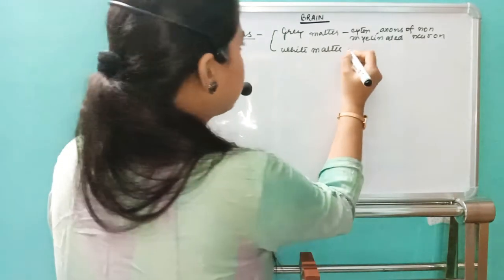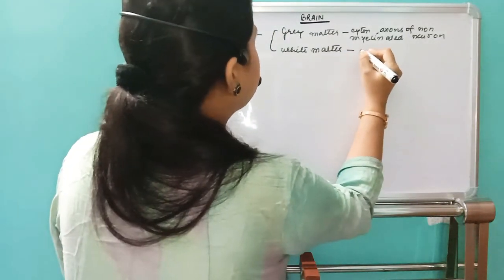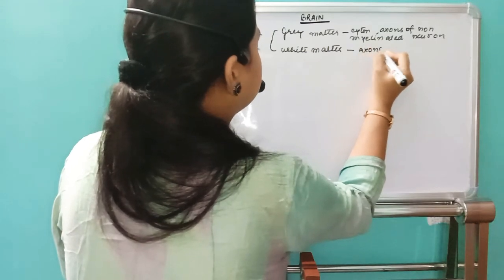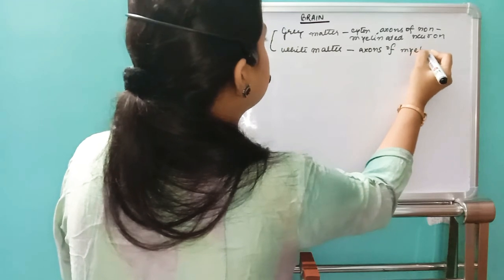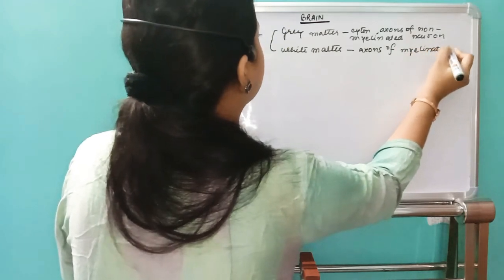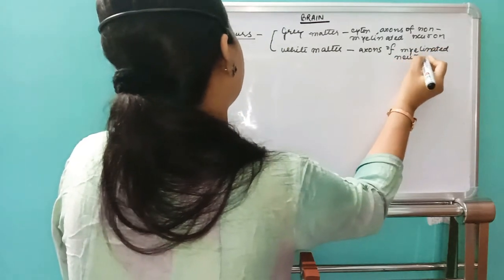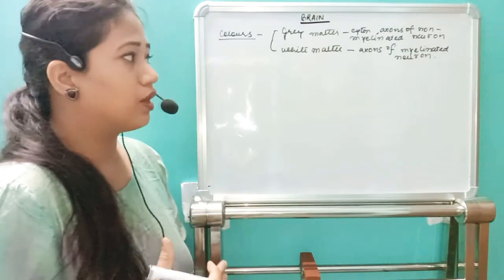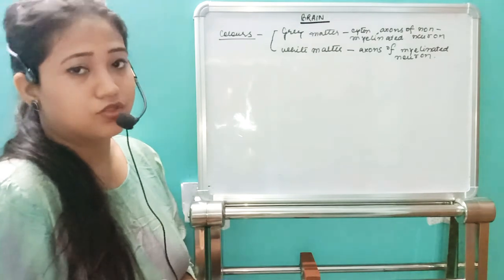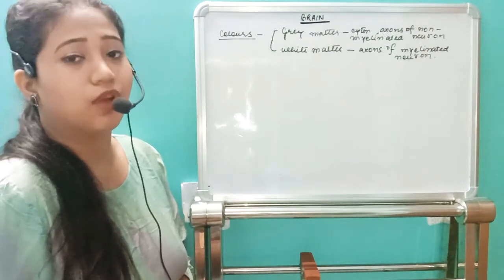And if it is white matter, it has the axons of myelinated neurons. So wherever we have white matter, what type of color do we have? The white color. So we have gray matter and white matter.